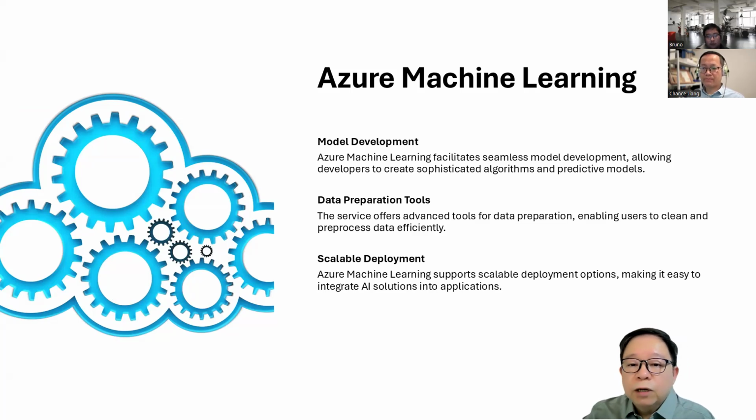So if we look at Azure AI machine learning, we can say that it's a very robust service that allows developers data preparation, model training and deployment, and also enables users to create big impact, or what we call impactful AI solutions.